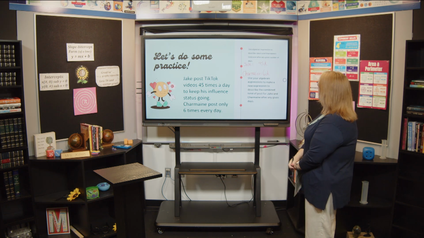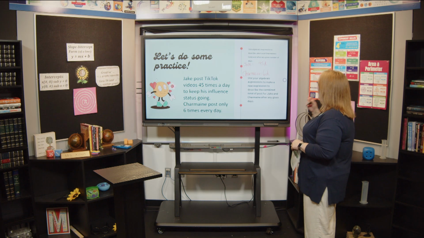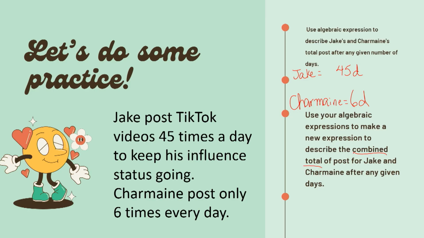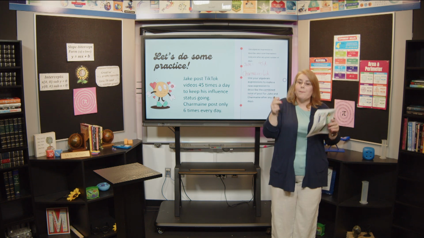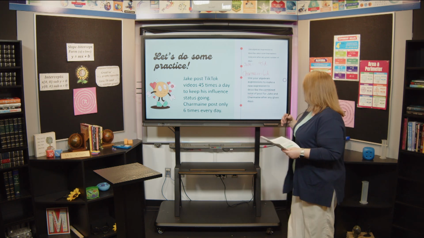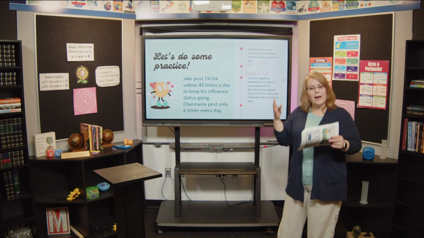It says use your algebraic expressions to make a new expression to describe the combined total of posts for Jake and Charmaine after any given day. So I'm taking the expressions that I made, and I'm combining them to make a new expression. Now, if I want to know their combined amounts, how would I combine something?